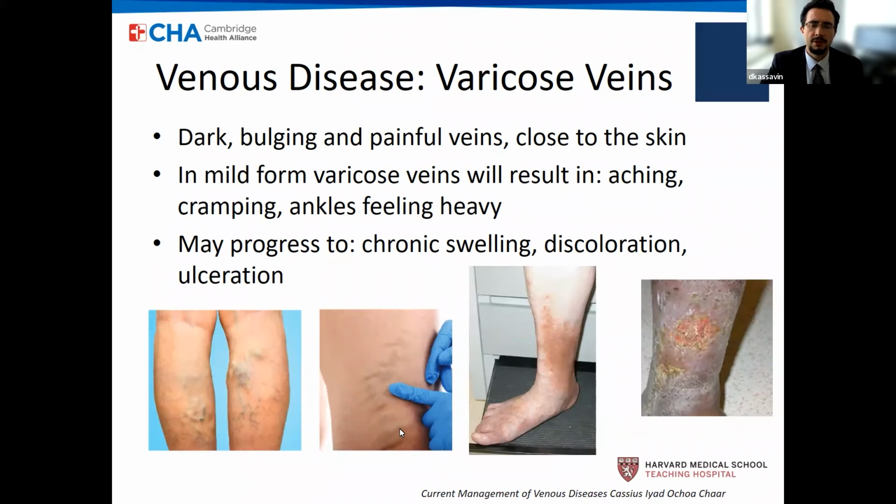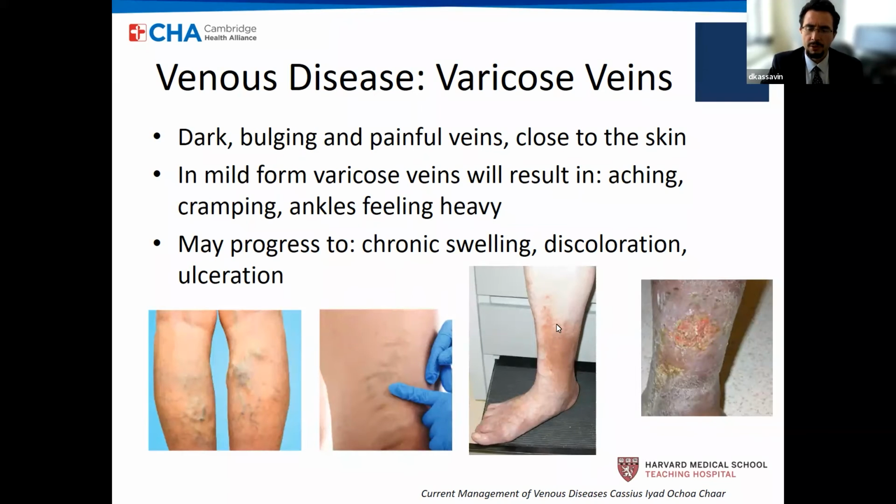And in some patients, they may have progression where instead of just simply having varicose veins, they may develop some swelling in the ankle. They may develop chronic stasis changes of the skin, where the skin loses some of its integrity instead of being soft and supple due to the leakage of blood breakdown products into the surrounding tissue. They may develop this hardening and fibrotic changes.